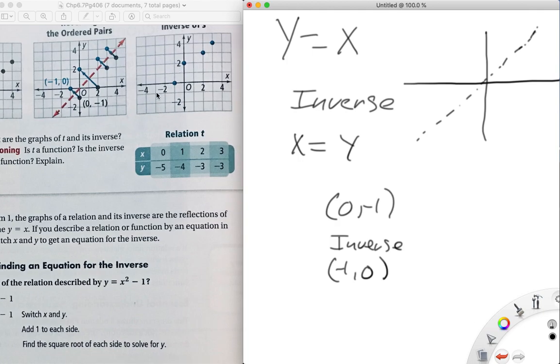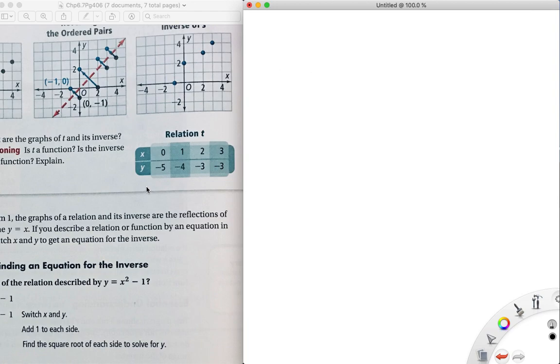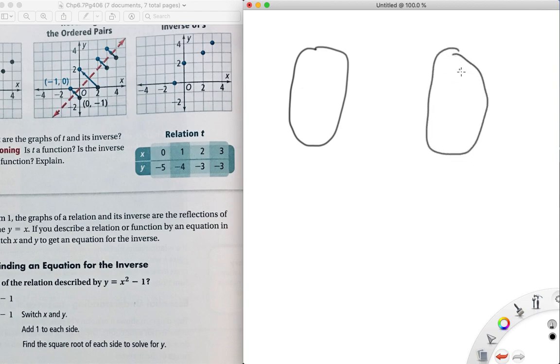Is it a function? Yes, because it passed the function rule, the vertical line test. So we can say that this is a function. If we look at this guy, I'm not going to graph it, but if we do the whole domain and range thing, we have in the x part 0, 1, 2, 3, and in the y part negative 5, negative 4, negative 3.